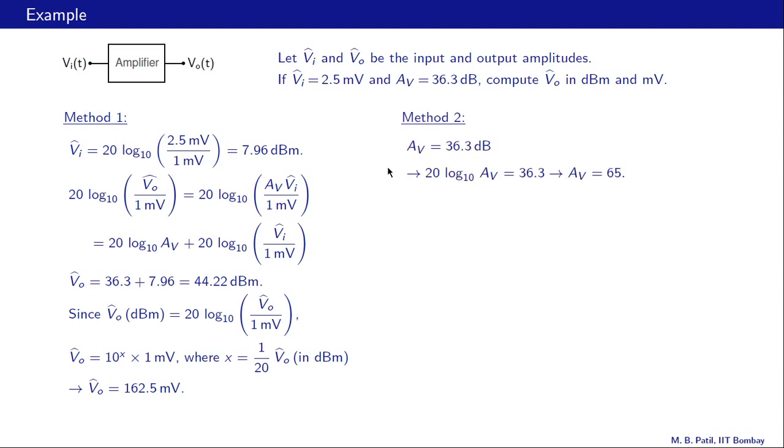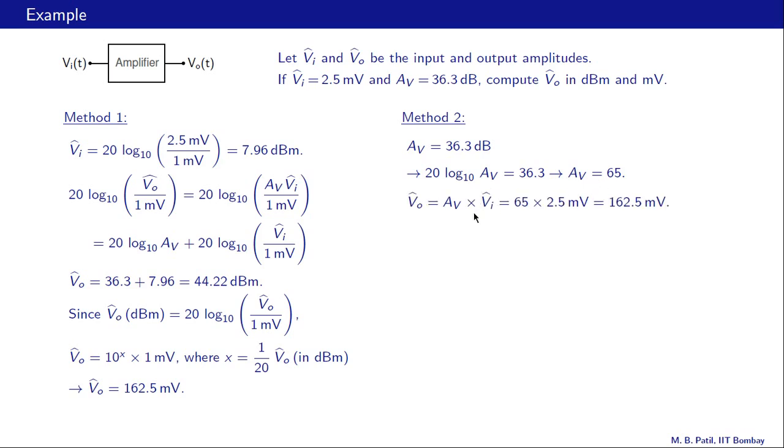Let us look at method 2 now. We know that Av is 36.3 dB. We can convert that into a real number, which is the magnitude of the ratio of Vo and Vi. So what we know is 20 log to the base 10 of Av is 36.3, and from that we get Av equal to 65.